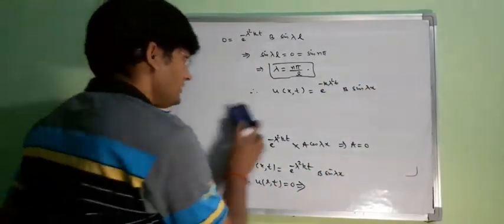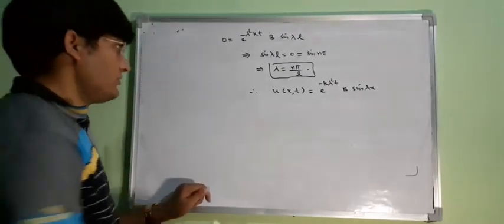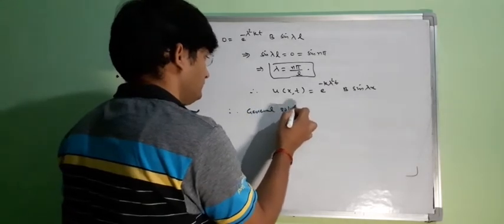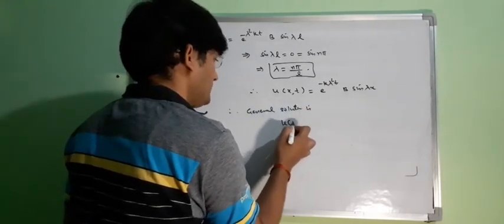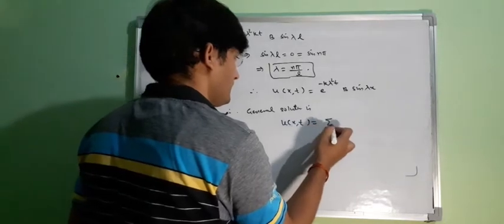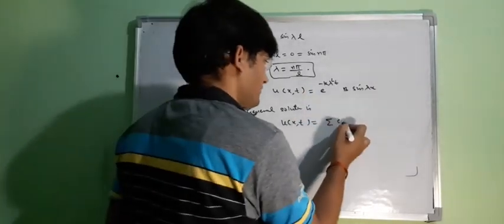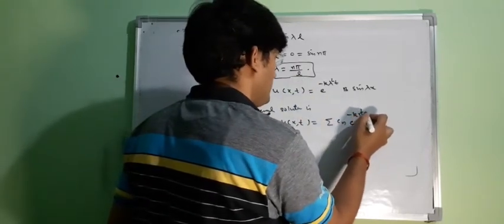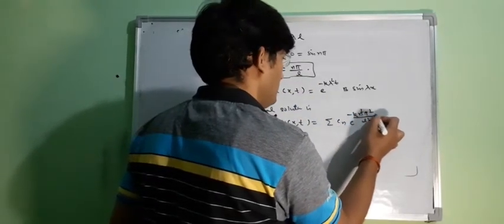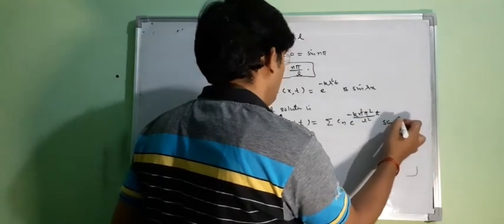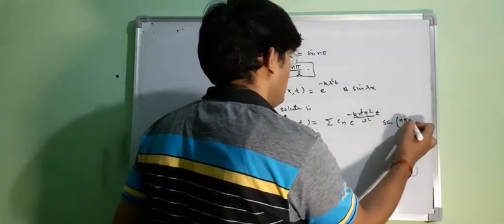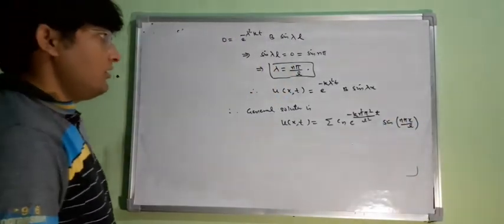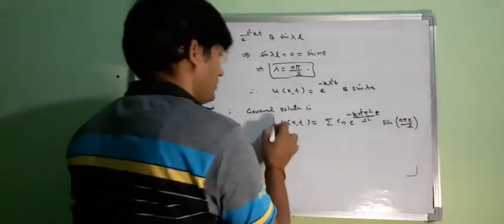And the general solution can be written as u(x,t) equal to summation of c n e to power minus k n square pi square upon L square into t, into sin n pi x upon L, where lambda is n pi upon L. So this is your solution of the problem.